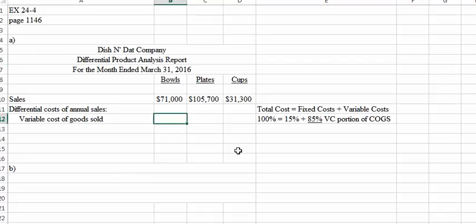So for variable cost of goods sold, what we do is take each cost of goods sold number and multiply it by the variable cost percentage, or the variable cost portion of cost of goods sold, and that's 85%. So for bowls, it's 32,600 times 0.85.